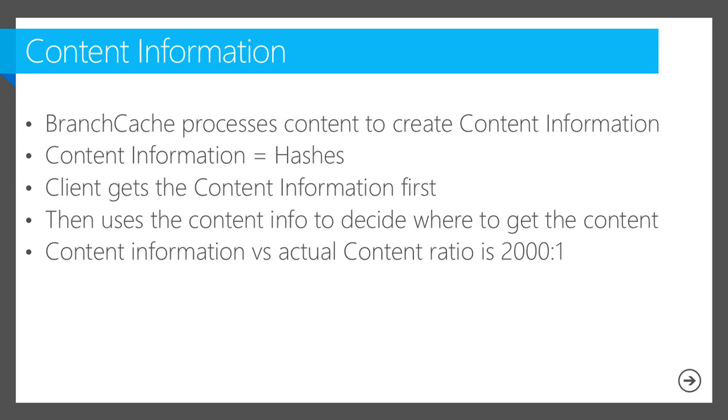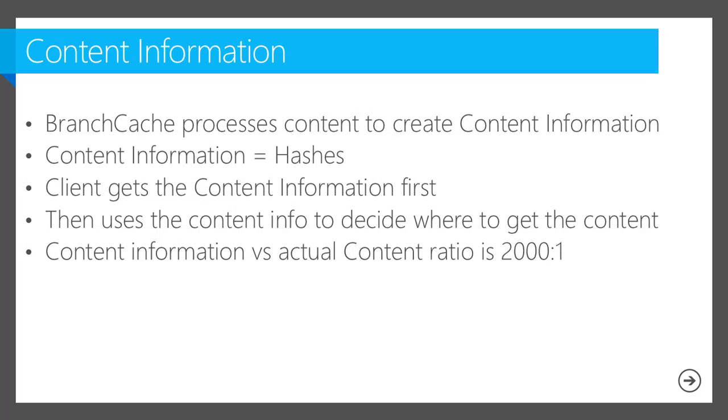So I'll just go into a little bit about content information, because it's quite important, especially in a mixed environment. The way that branch cache works is it processes the content, so it processes the files that consist of your shared branch cache content, and it creates what it calls content information. Now that just consists of hashes of the content itself.